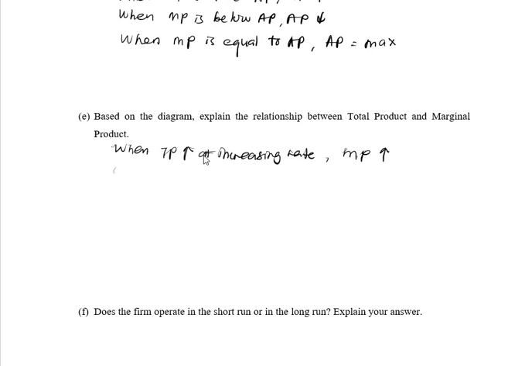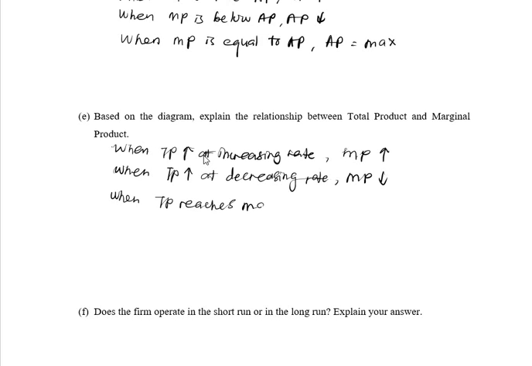At stage 2, when total product increases at a decreasing rate, marginal product will decrease. When total product reaches maximum, your marginal product will be 0.